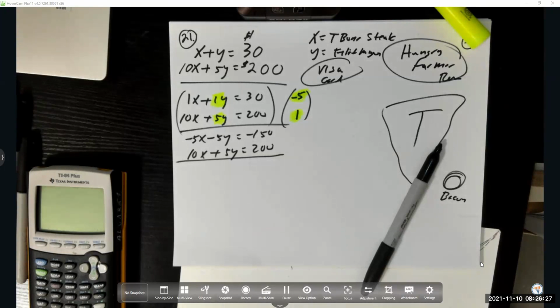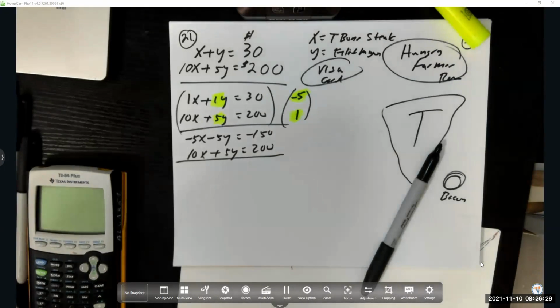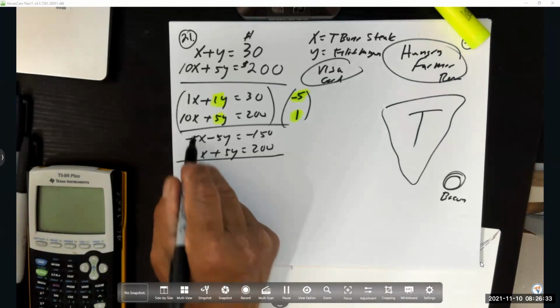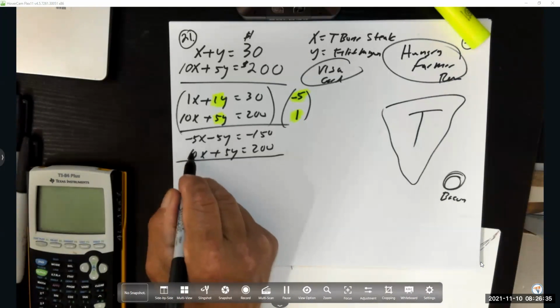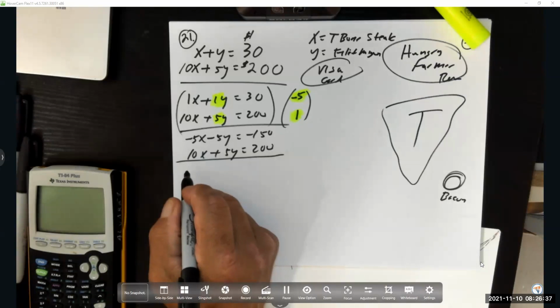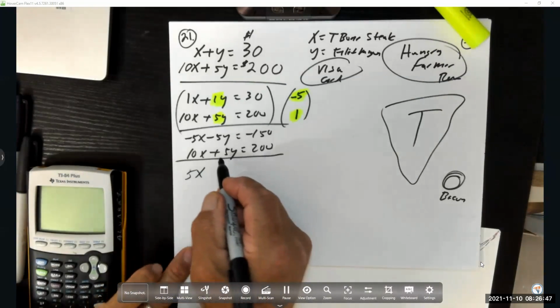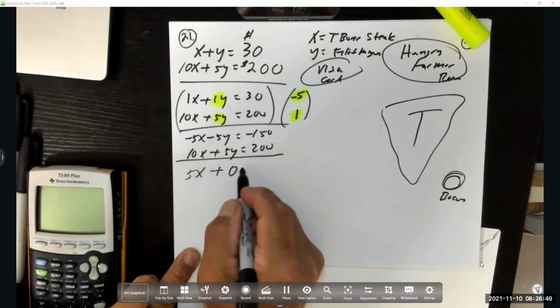Now, if you add them straight down, what are you gonna have right here? It's 10x minus 5x, which would be 5x. And 5y minus 5y, is that 0? Yes.